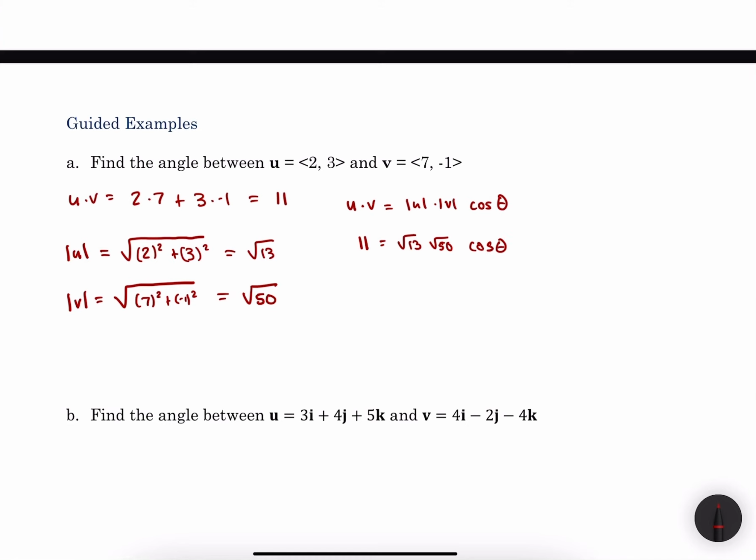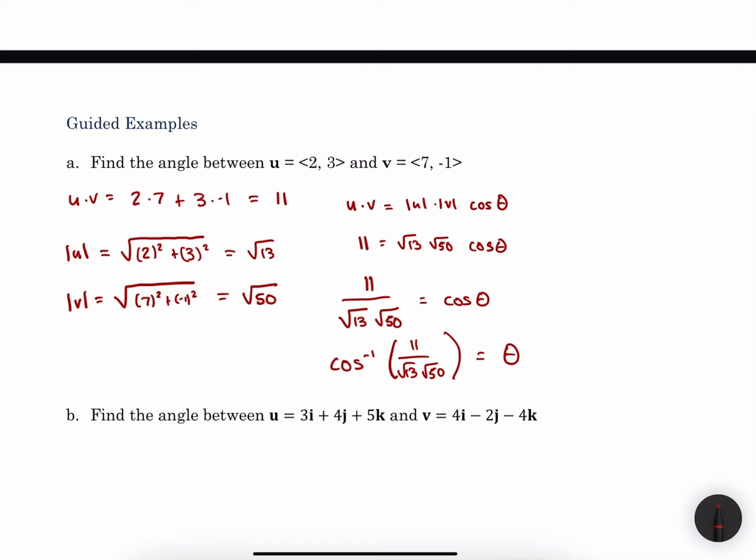We want to find theta. So 11 divided by the square root of 13 times the square root of 50 equals cosine theta. So cosine inverse of that value is going to equal theta.